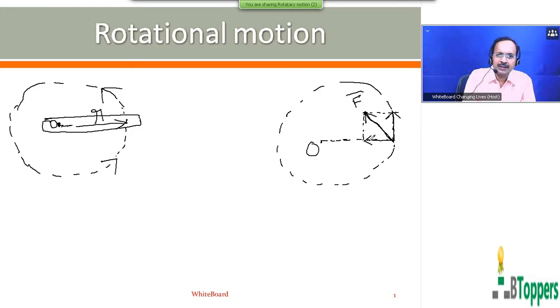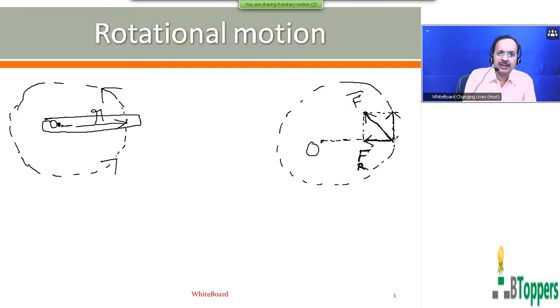The component of the resultant force which acts along the radius of the circular path and towards the center of the circular path we call the radial component of the resultant force, or centripetal force. So here capital F subscript R represents this component.